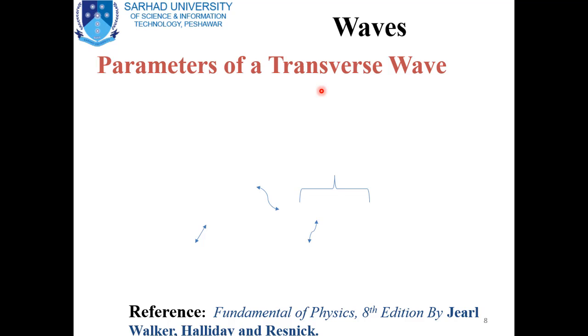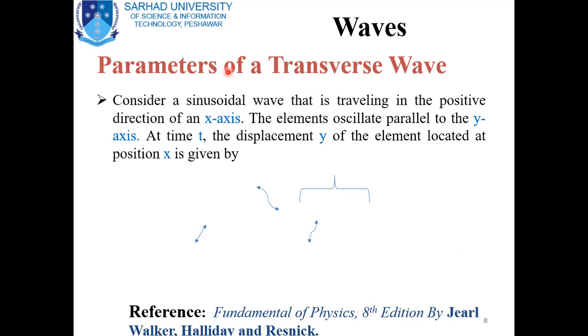So we consider that axis as the y-axis. Consider a sinusoidal wave that is traveling in the positive direction of the x-axis. The elements, that is, particles of the medium, oscillate parallel to the y-axis.